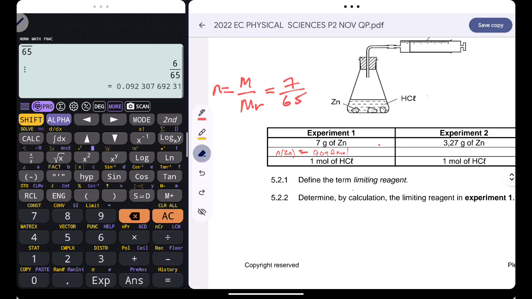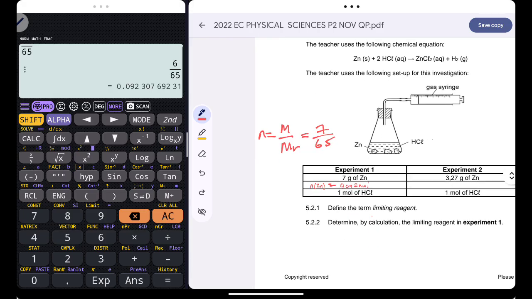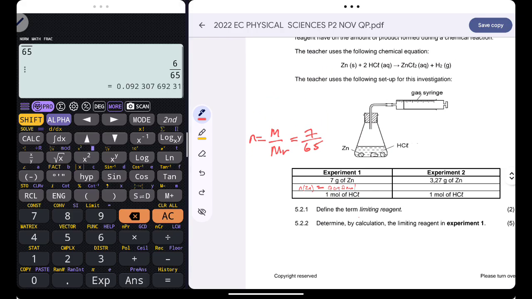And then for me to find the limiting reagent, I just need to check which one between the two will give me the limited amount of products, the smallest amount of products, right? I know that zinc will always give me 1 zinc chloride. So if I have 0.092 of zinc, I want to know how much zinc chloride I will form.